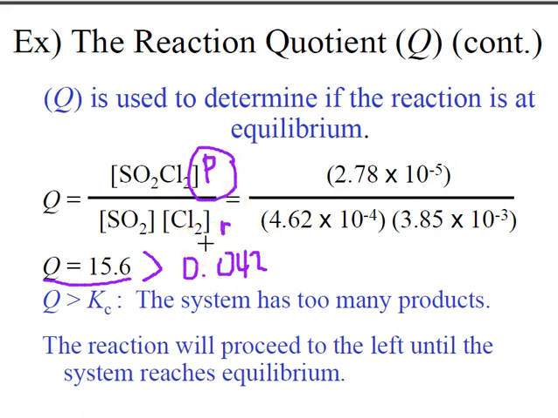So what's going to happen to reestablish, or establish for the first time maybe, equilibrium? We're going to have to get rid of some products and get more reactants. So how do we do that?